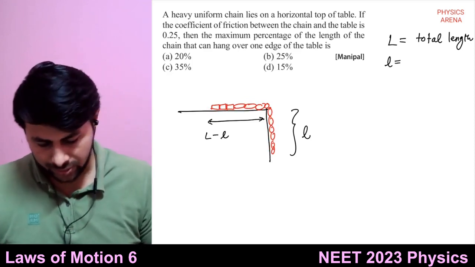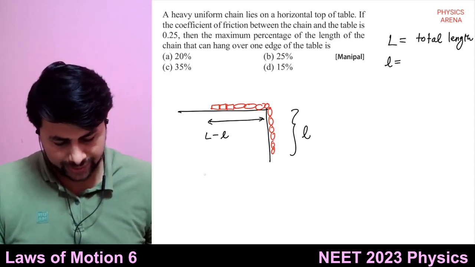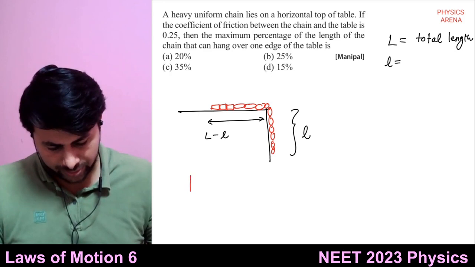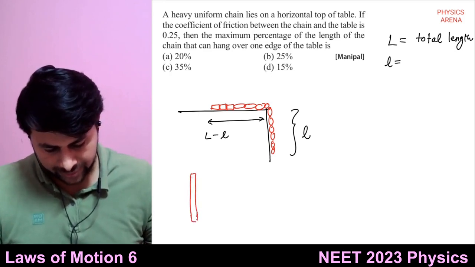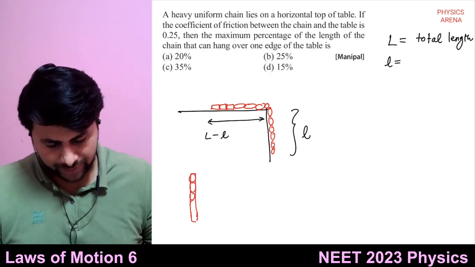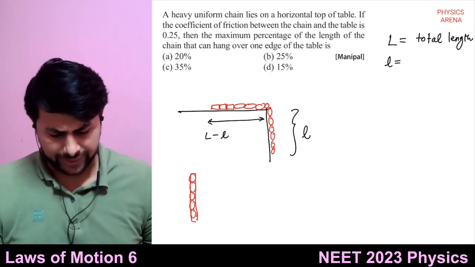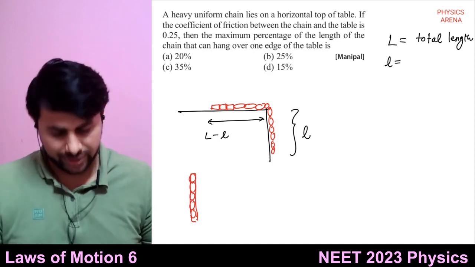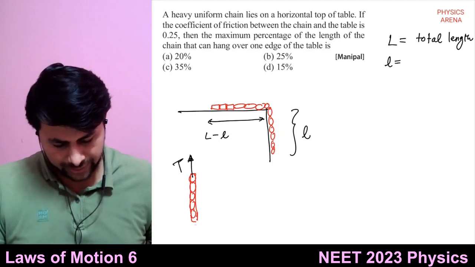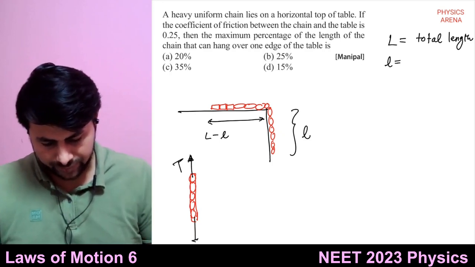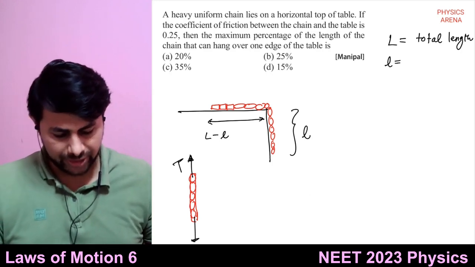Okay, so now let's talk about the part that is hanging. What are the forces acting on this part? There is tension along the chain which is acting upwards, and there is the gravitational force which is acting downwards. How much would be the gravitational force?